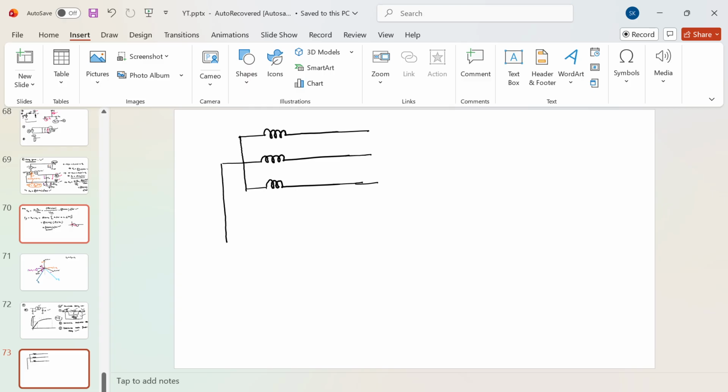If you see the circuit diagram, we will have a CT connected at the neutral. This is the neutral, and this neutral is grounded, and we also have CTs here.